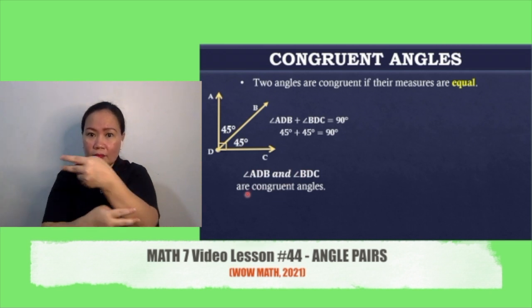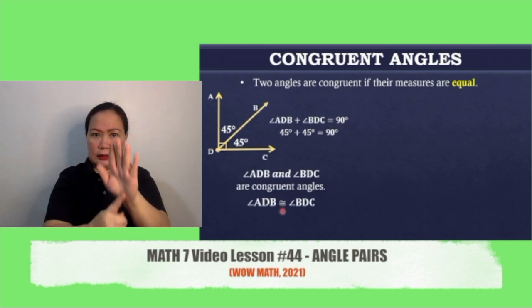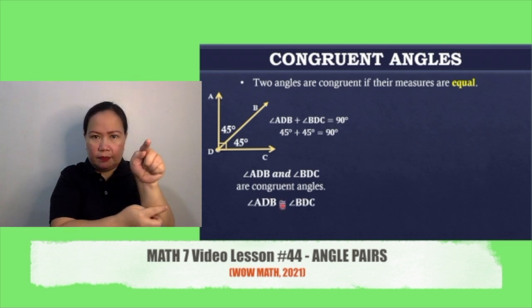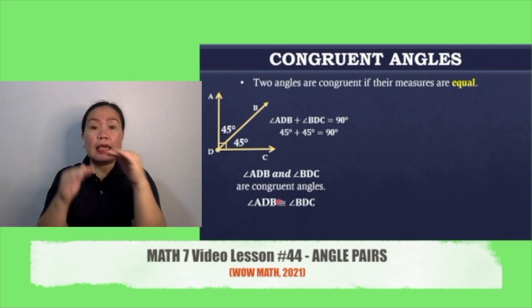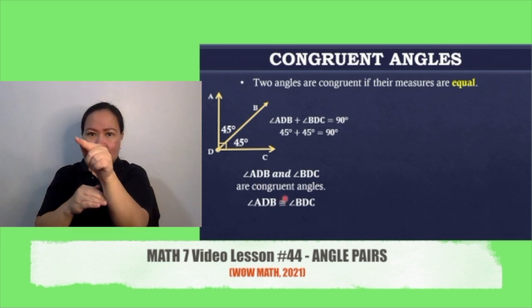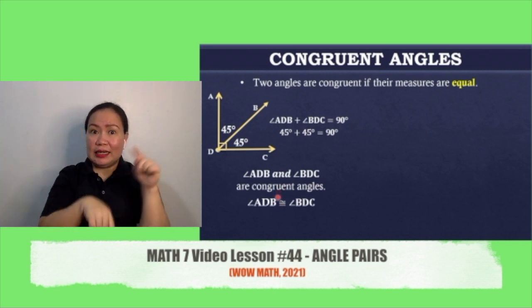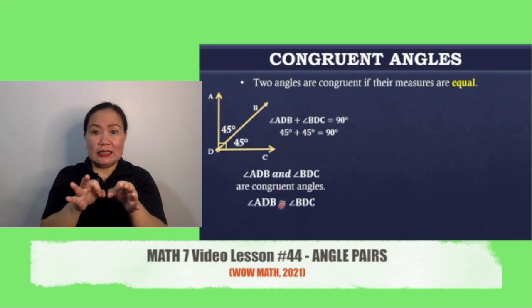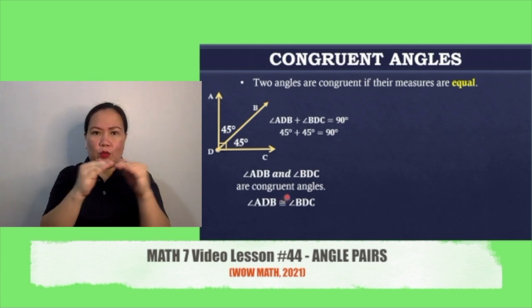We may write this like this. So, this is the symbol for congruency. Okay, so pag sinabi natin congruent, ito po yung symbol niya, yung meron siyang equal, and then meron siyang parang alon sa taas. Okay? Kasi we cannot say that they are congruent if they are not equal. So, dapat equal siya para masabi natin congruent. Okay?